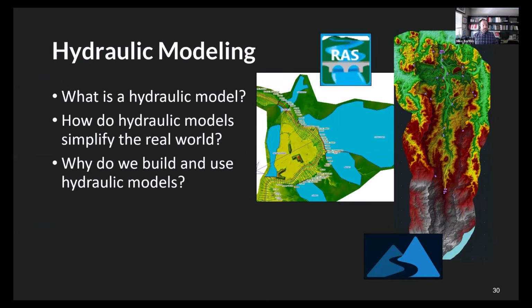Similarly to how we use HEC-HMS to answer the hydrologic questions, we use HEC-RAS, which is a sister model to HMS, but more tuned to where water is going to be and how deep, right?